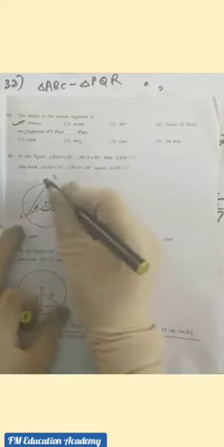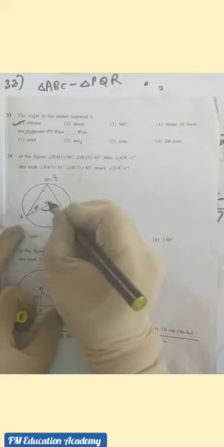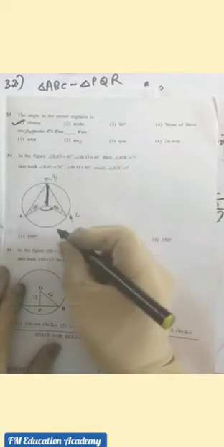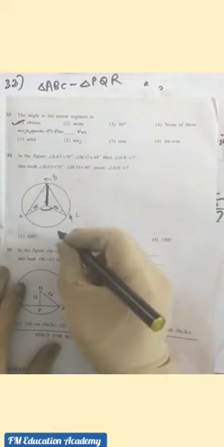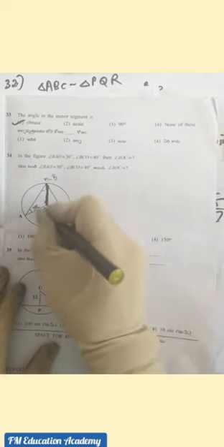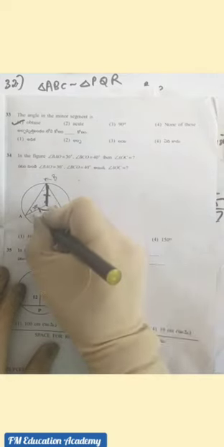See, angle BAO is given to us, angle BCO is given to us. Okay, so we know that, let us join OB now. As OA is equal to OB, why is OA equal to OB? This is also radius and this is also radius.